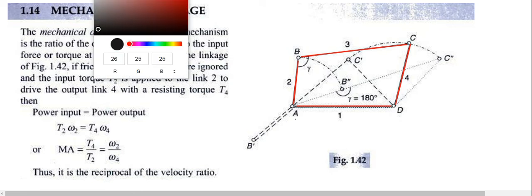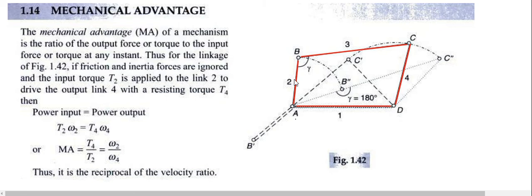And 2 is the driver link. So I am giving a torque into the link 2. I mention the torque as T2 and with an angular velocity omega 2. And 4 is the driven link or the output link. So it is transmitting that T2 as T4 with an angular velocity omega 4.